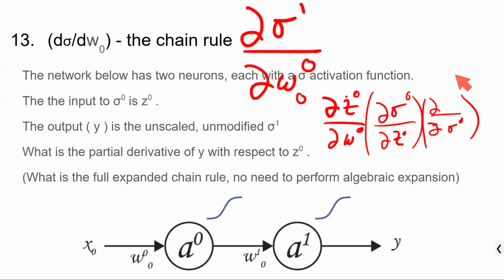So what we have going on here is, for the benefit of keeping this present, we'll say DW0.